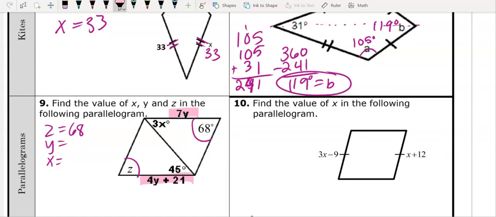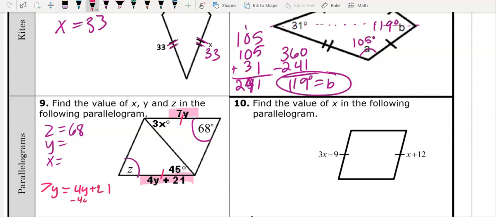What do we know about these two sides? 7y and 4y plus 21. They're congruent. The top and bottom of a parallelogram are congruent. So we can say 7y equals 4y plus 21 and solve for y.